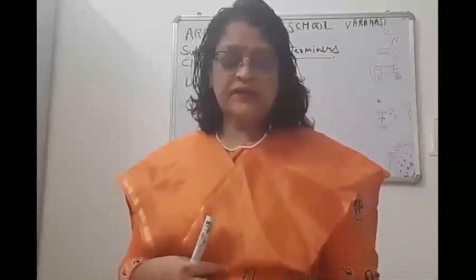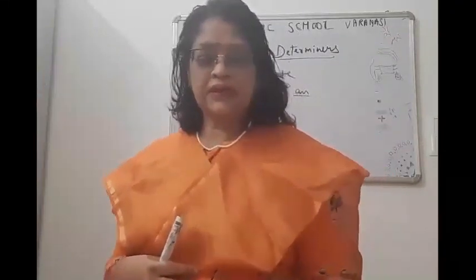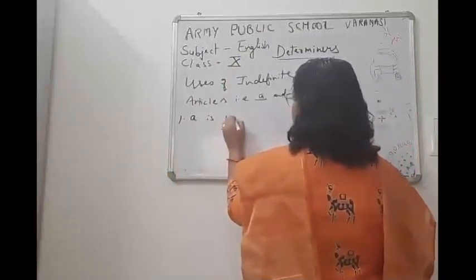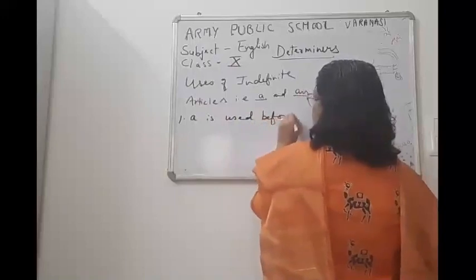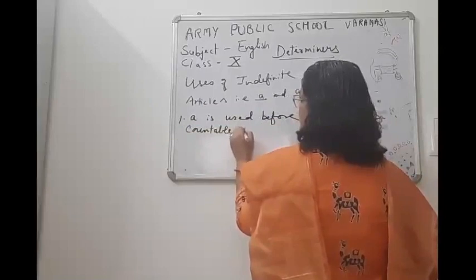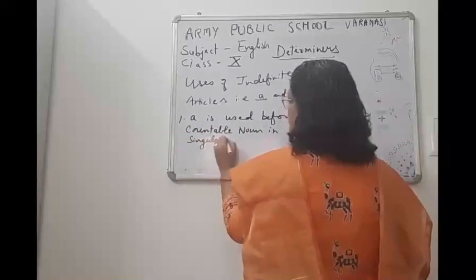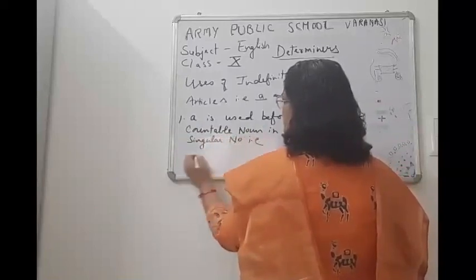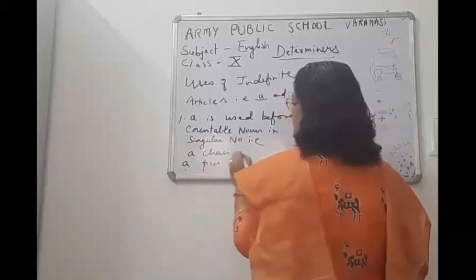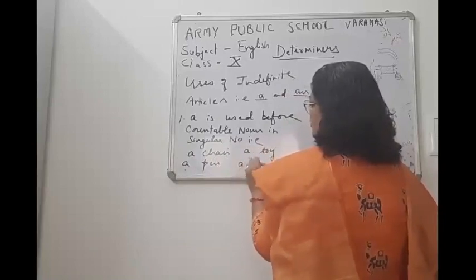A is used before a countable noun in singular number, that is a chair, a pen, a toy, a book.